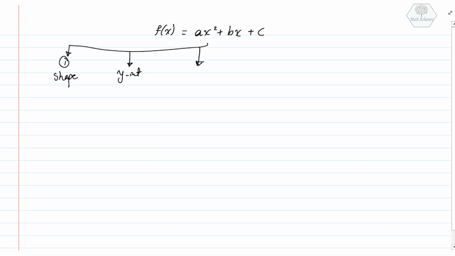The third thing we have to know are the x-intercepts. We need to know the vertex and axis of symmetry.